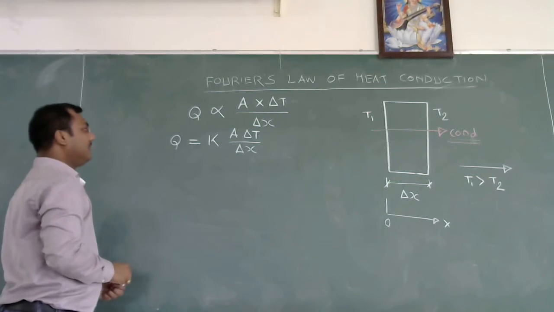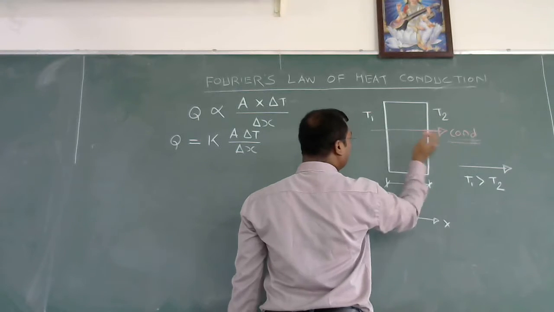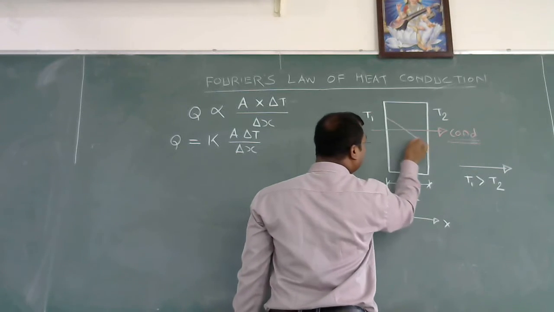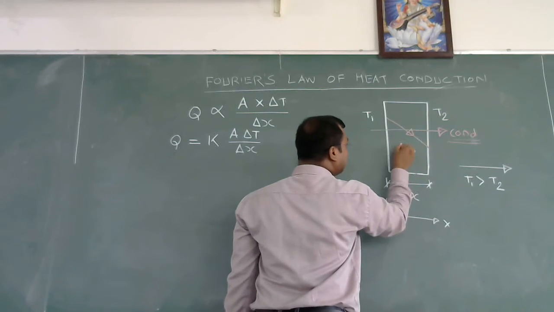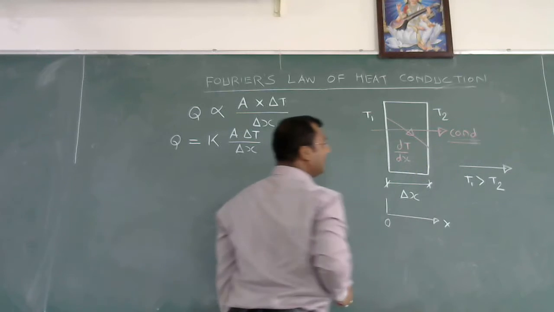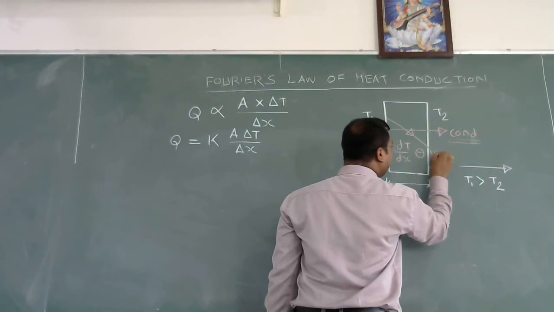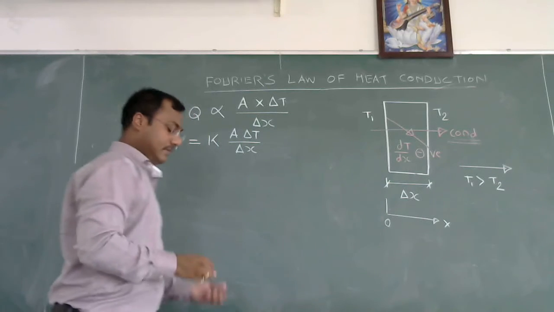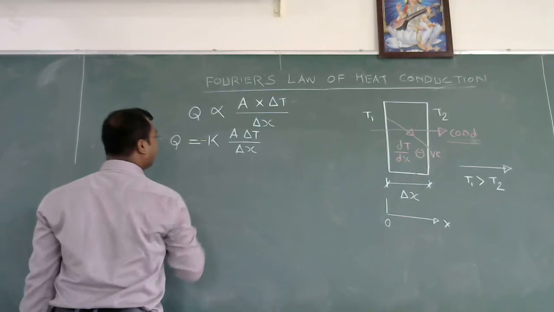Now it is found that the heat transfer from surface 1 to surface 2 will be something like this. This is nothing but dT by dx, that is the slope of the temperature function, which is having a negative gradient. As this is a negative gradient, I must write the negative sign here.